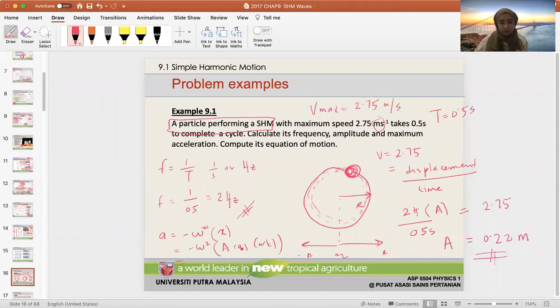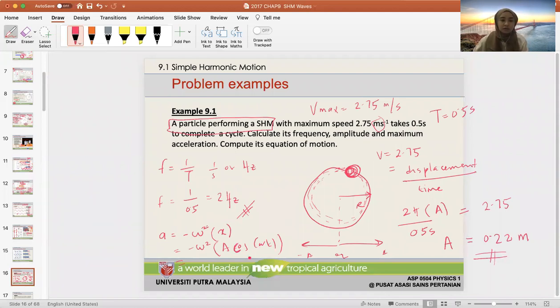So the maximum: when does x become maximum? X is displacement, right? When does A cosine omega t become maximum? What is the maximum value of cosine omega t? It's 1, right?